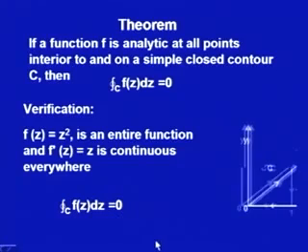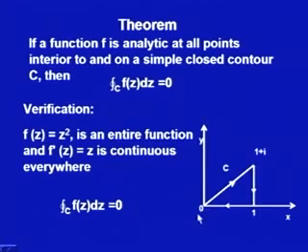Now, in the last lectures we did one example where we took the integral of z square from the point 0 to 1 plus i, using different contours. One was the straight line from 0 to 1 plus i. Another was from 0 to 1 and then 1 to 1 plus i. And we got that in each case our integral came out the same.